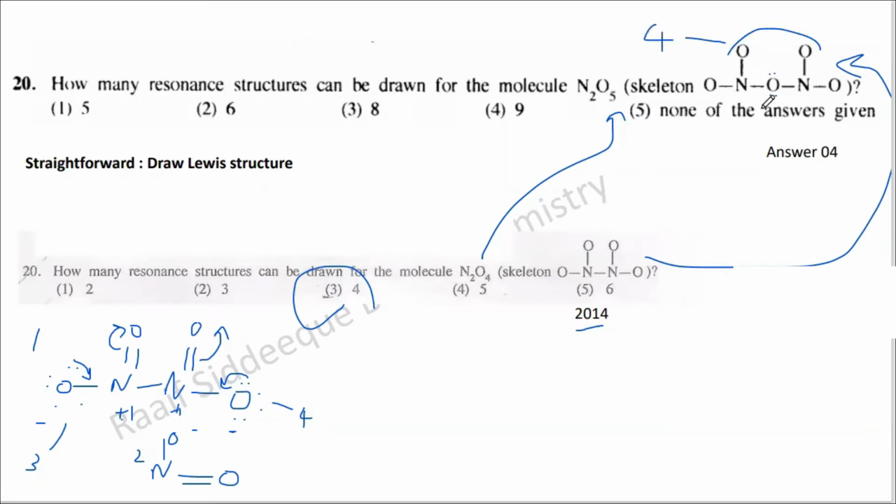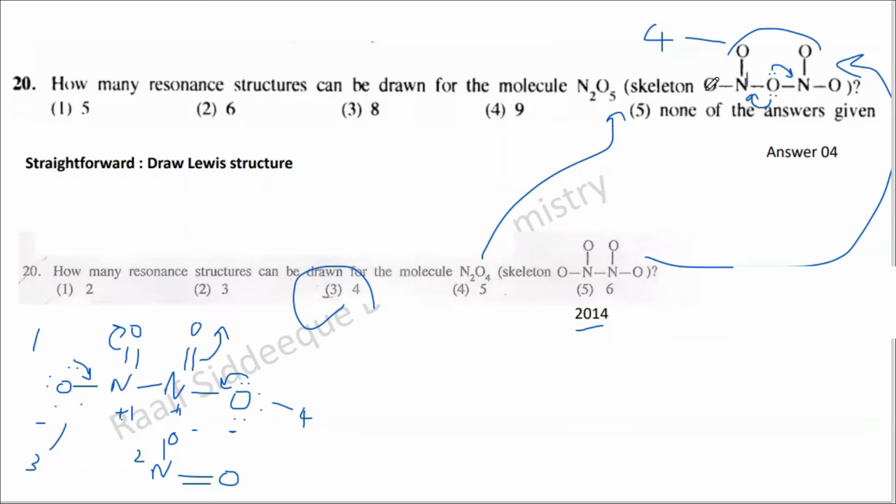Now, the other resonance structures will be determined by this oxygen, because one of these oxygens can give its lone pair to this nitrogen at one time, and another contribution can come from this oxygen.